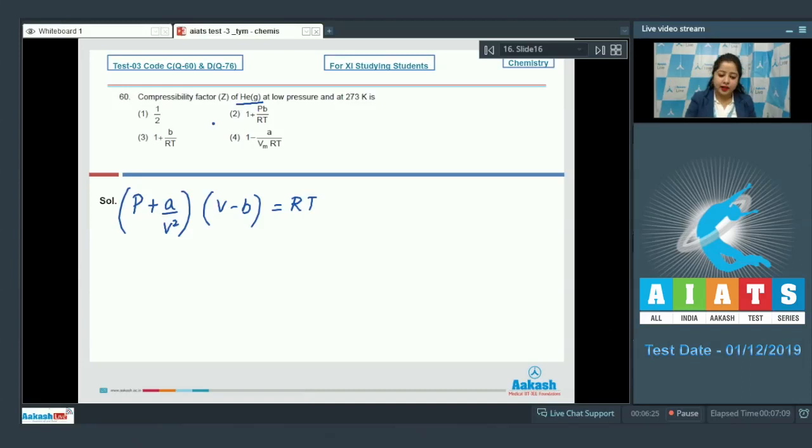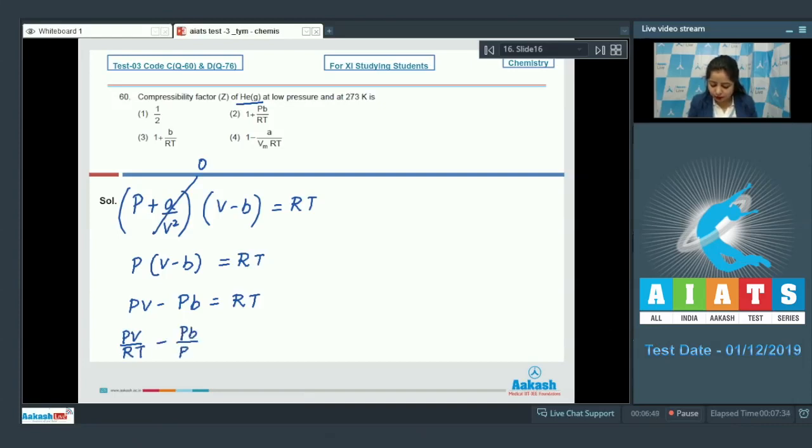For helium, the value of A upon V square is 0. So the van der Waals equation becomes P times V minus B is equal to RT. Let's multiply P into the bracket: PV minus PB is equal to RT. On dividing the equation by RT, we get PV upon RT minus PB upon RT is equal to RT upon RT, which is equal to 1.